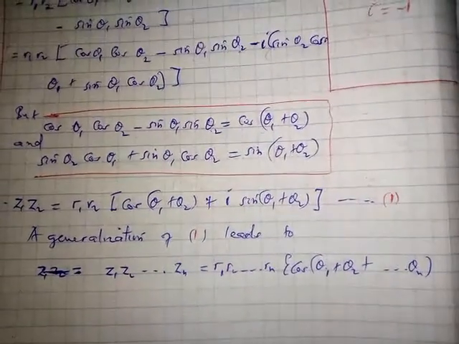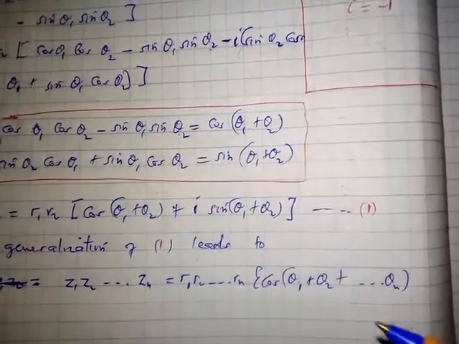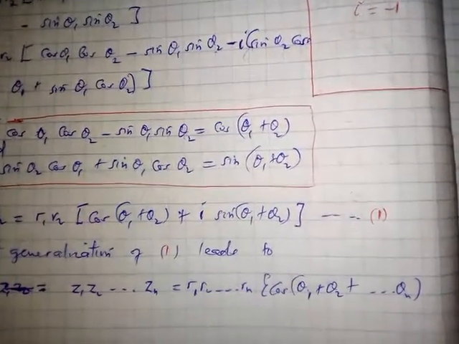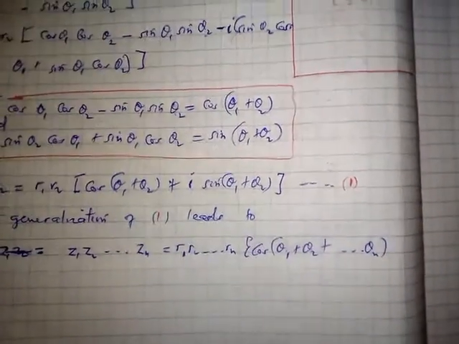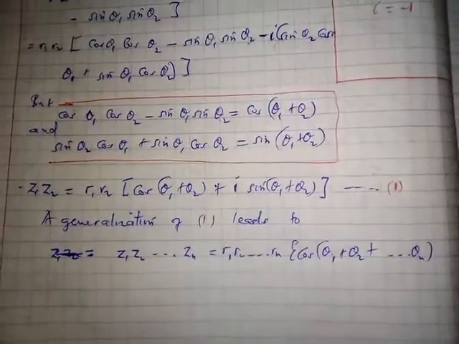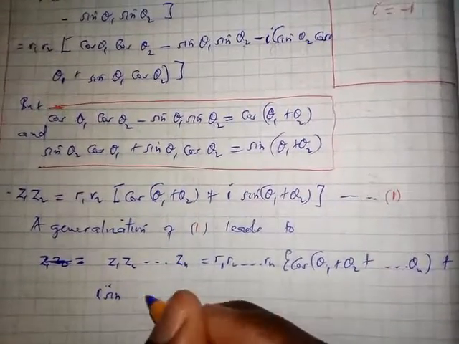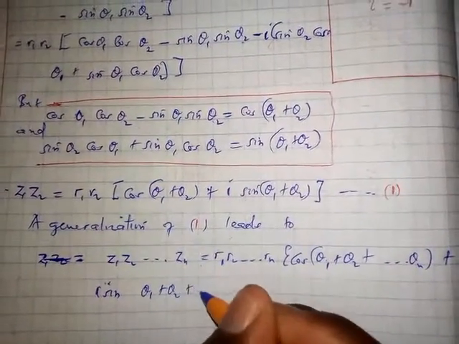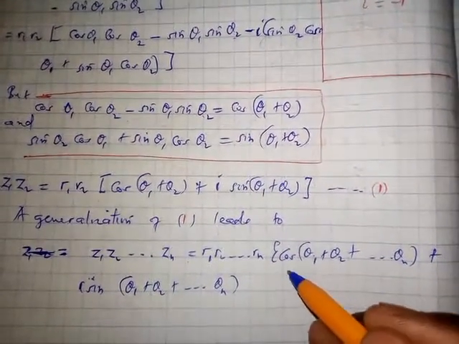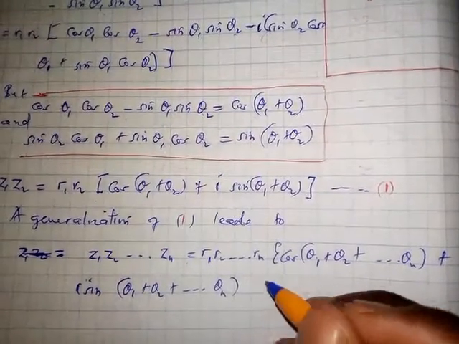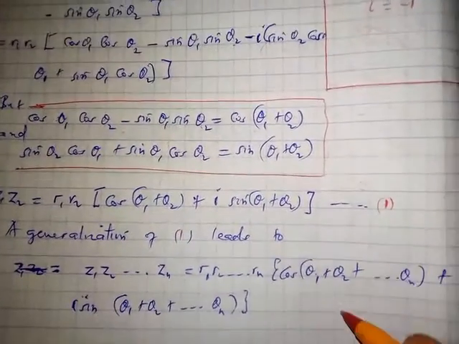We can have more thetas, not just theta 1 and theta 2: theta 3, theta 4, theta 5, theta 6, as it continues to theta n, plus i sin(theta 1 plus theta 2 plus ... theta n), just as I have explained for cos. Are you there? And you can call this equation 2.